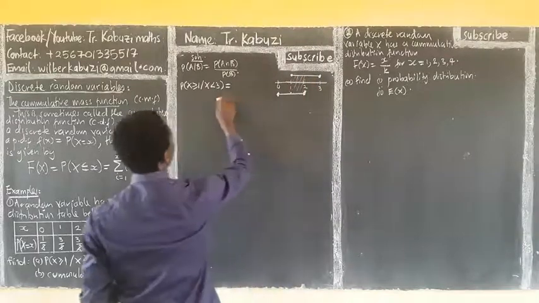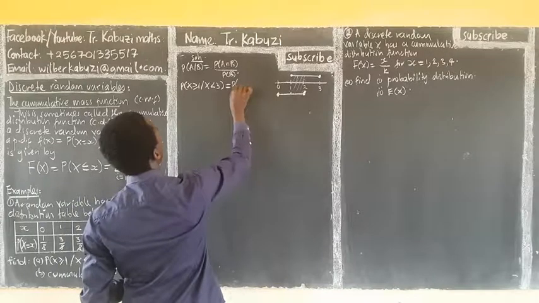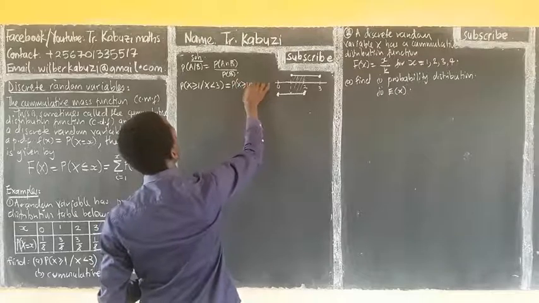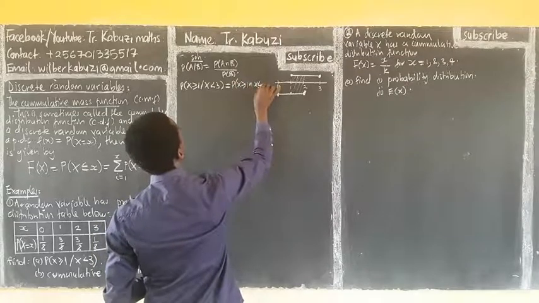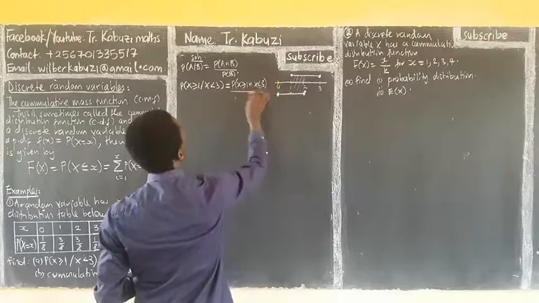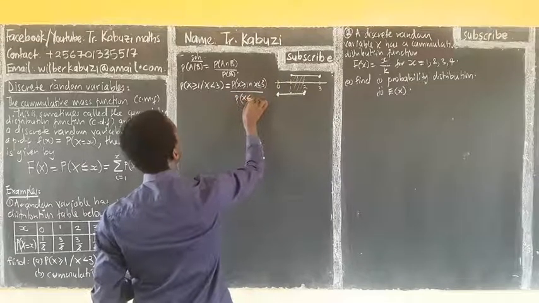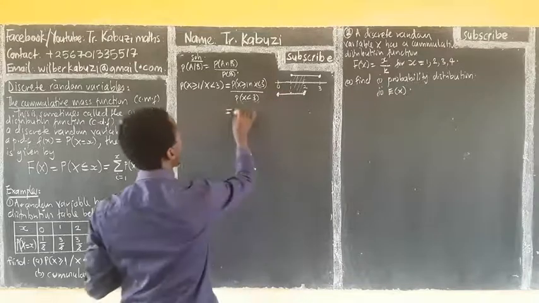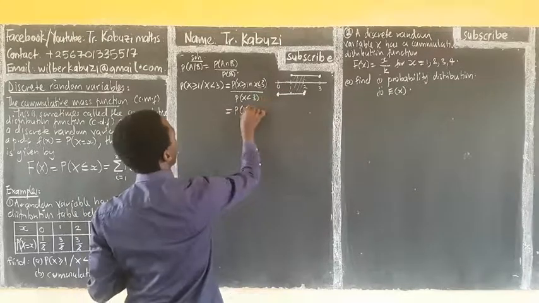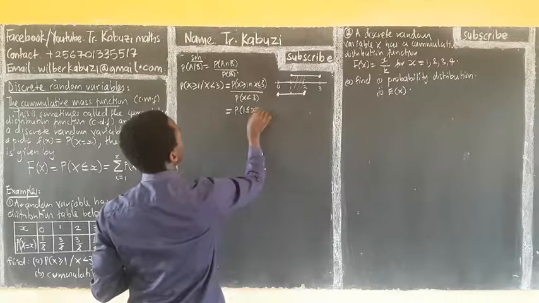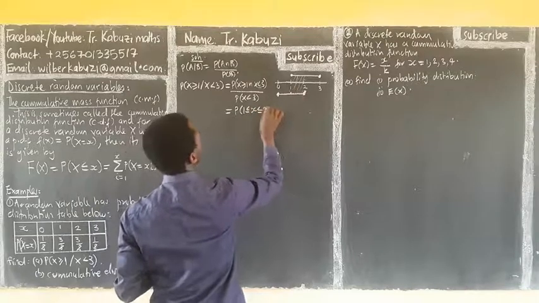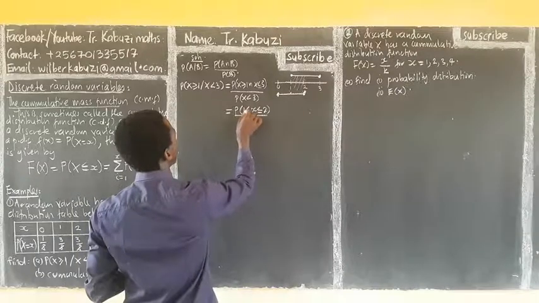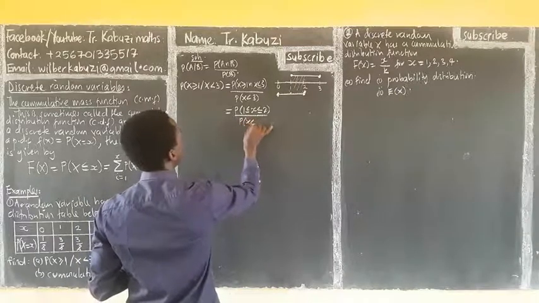So now this will be the probability of x greater or equal to 1 intersecting x less than 3, over the probability of x less than 3. We have seen that where they intersect is the probability from 1 up to 2, over the probability of x less than 3.